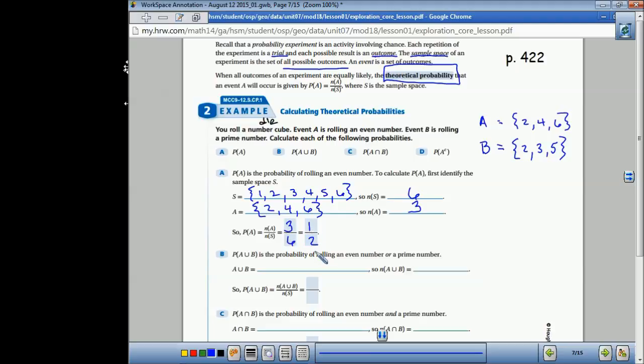Now, you can do that instinctively without thinking about what all these things mean. I do know that. But when we start looking at union and intersection, it might be helpful to remember some of these things. So what is the union of A and B? Everything in both. So it's 2, 3, 4, 5, and 6. So how many elements is that? 5. So this would be 5/6.